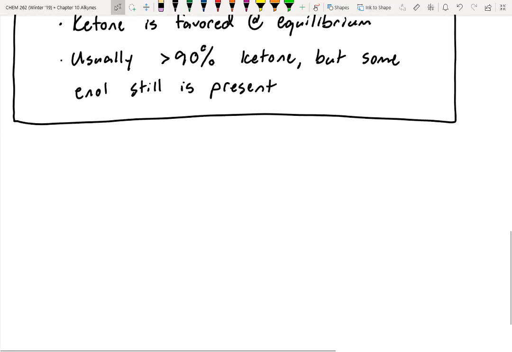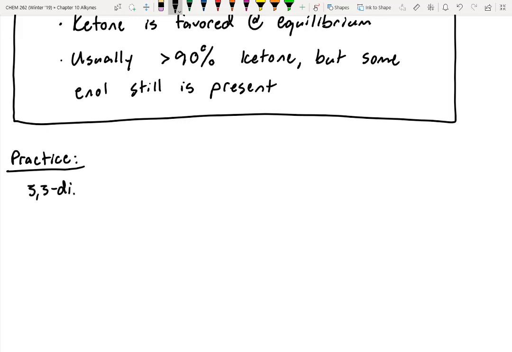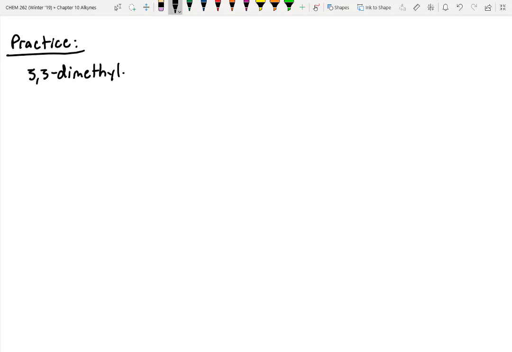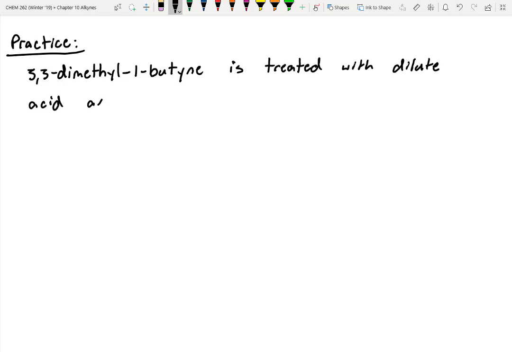So let's do a little bit of practice. 3,3-dimethyl-1-butyne is treated with dilute acid and mercury(II) sulfate.